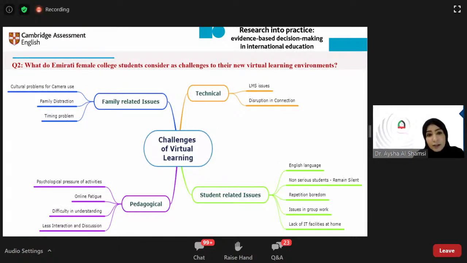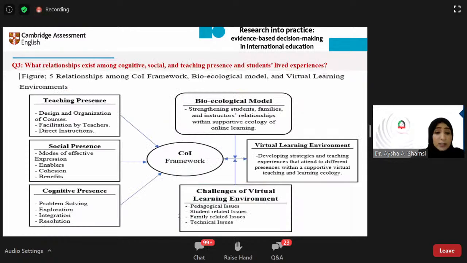I don't think I have time to present all of the challenges, but mainly I'll talk about the family issues and the restriction and the problems of using cameras, and also the issues that the students faced during their support of their brothers and sisters and siblings. There are certain problems, as I mentioned, and that should be tackled by the support between the Ministry of Education, higher colleges of technology, and getting parents on board.